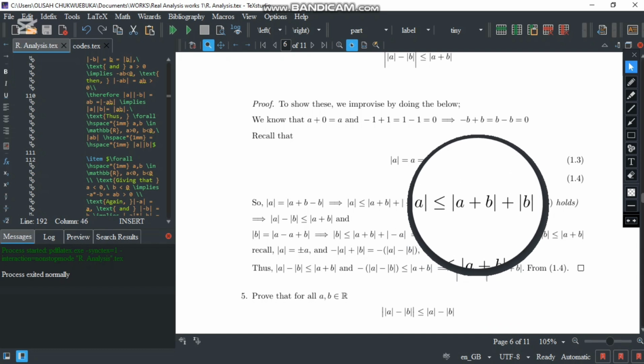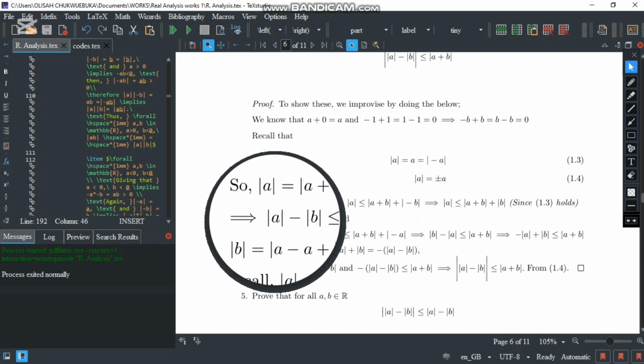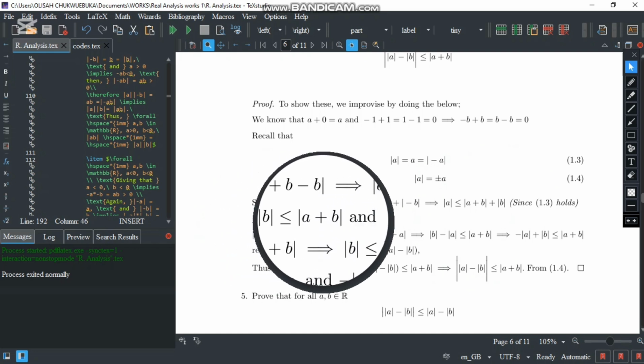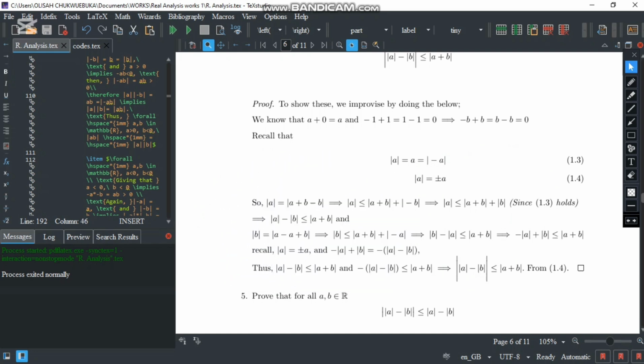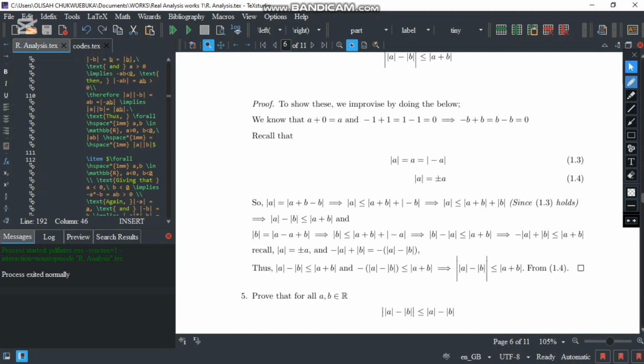So now it implies that the absolute value of a minus the absolute value of b is less than or equal to the absolute value of a plus b. That is the first phase of it, and we have gotten that the absolute value of a, which is this one, minus the absolute value of b, which is this one, is less than or equal to the absolute value of a plus b.